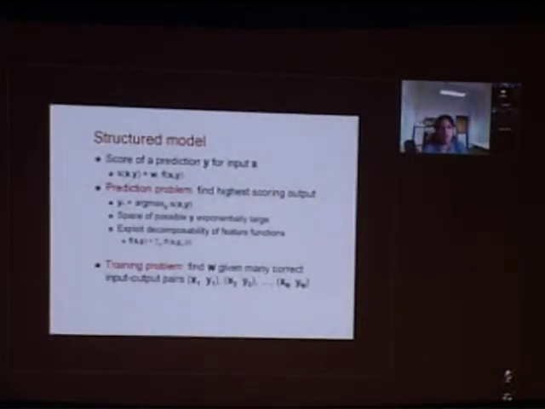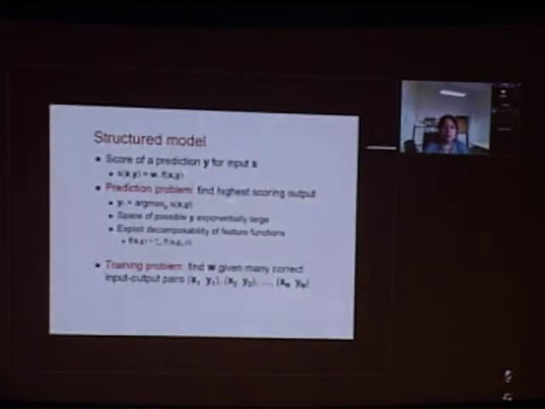Now, in general, when we are talking about outputting Ys, which can be just about anything, the space of possible Ys will be exponentially large in the input size. So we need some method of solving this argmax problem efficiently.